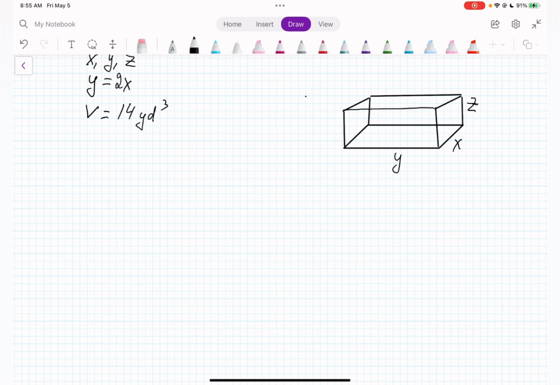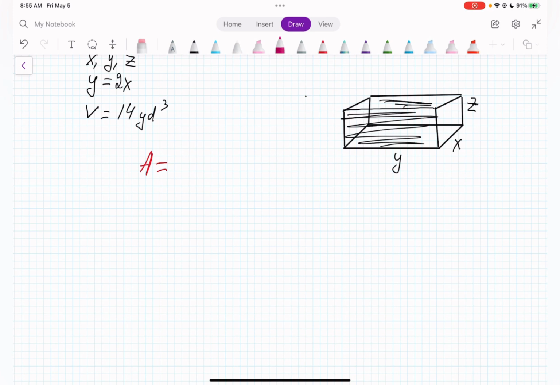So, as I said, X will represent width, Y will represent length, and Z will represent height. So the surface area is equal to the sum of all areas of the sides. So let's see, for this side, 2yz, this side and this side here, right?